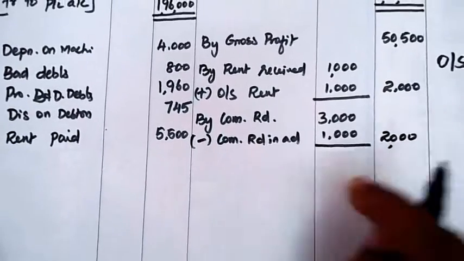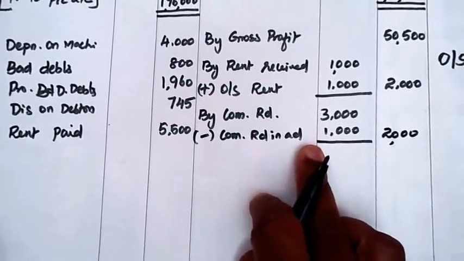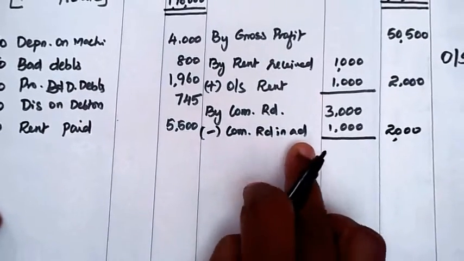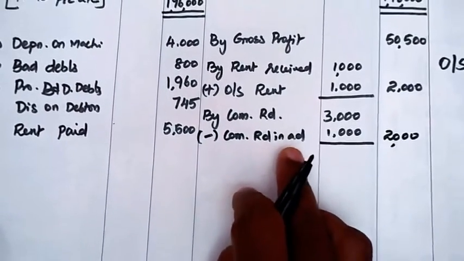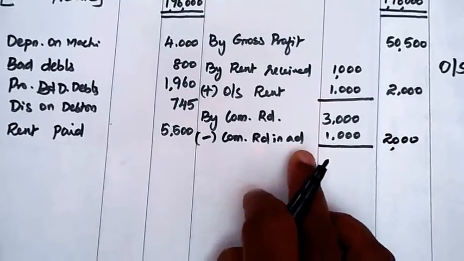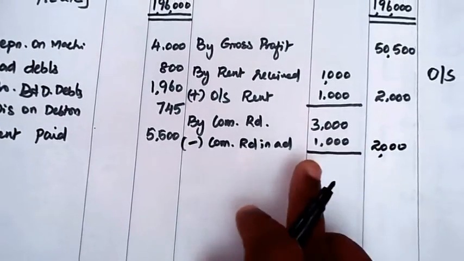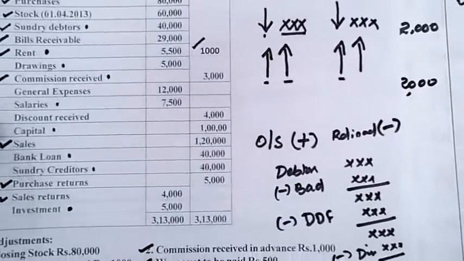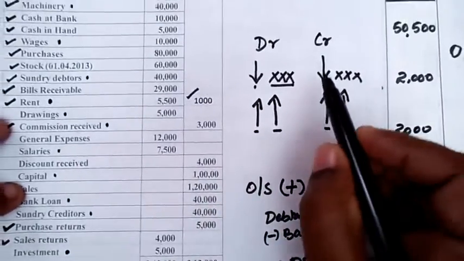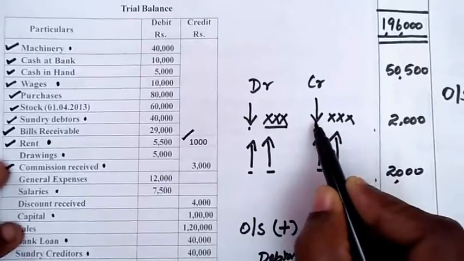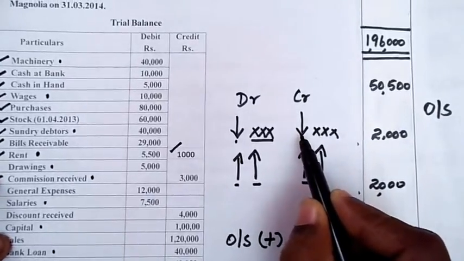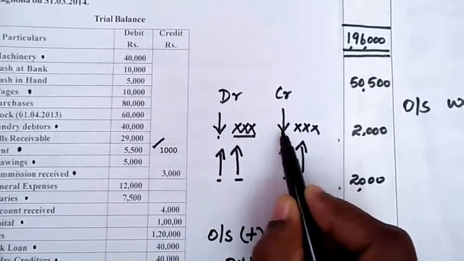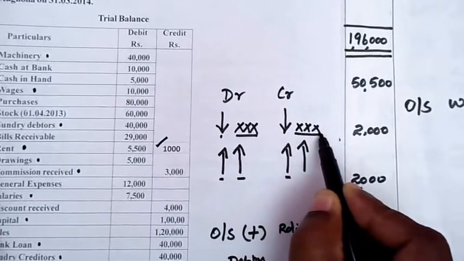So here 1000 rupees is subtracted from commission, that is commission received in advance. So any amount received in advance should be subtracted from the respective income. When you subtract this amount, what is the effect? Just refer to that logic. When you reduce any item which decreases credit, you need to enter that amount under the same side.